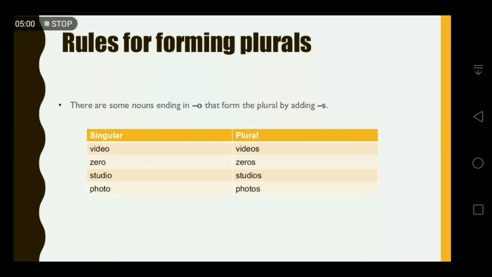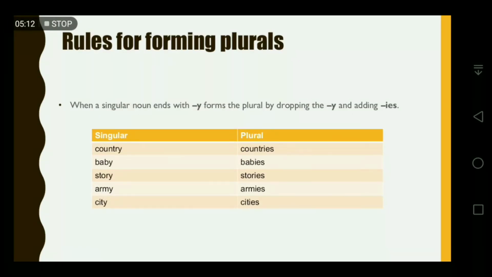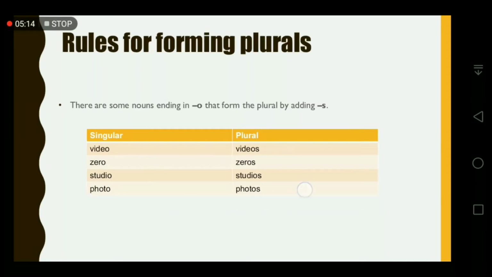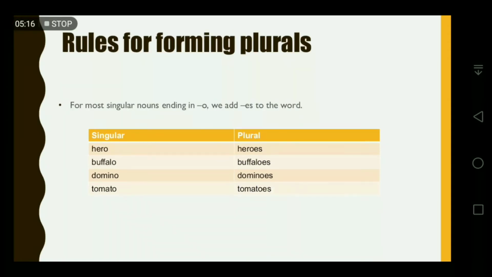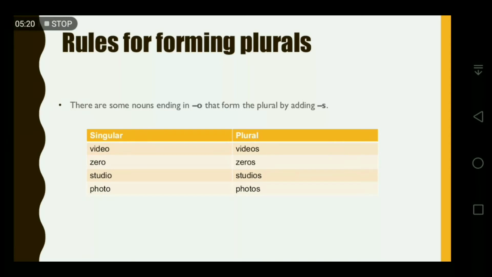Then there are some nouns ending in o that form the plural by adding only s. In the last slide, we learned that when o is at the end of the word, we add es.